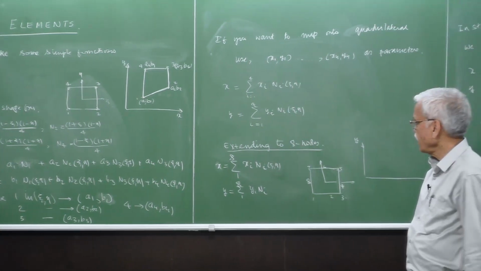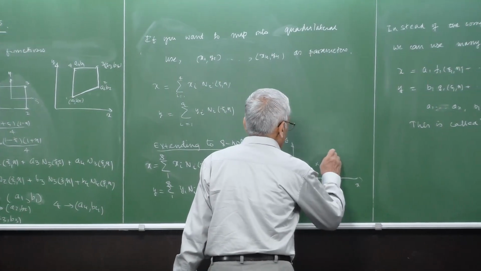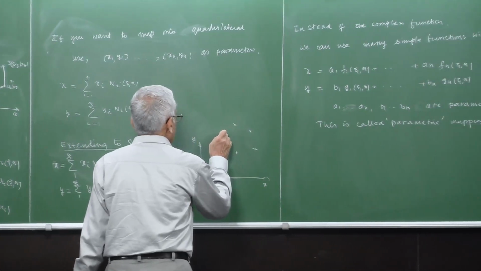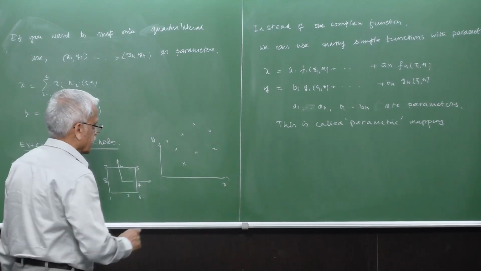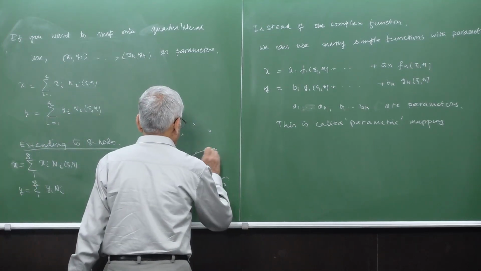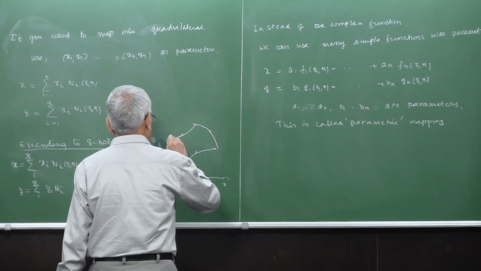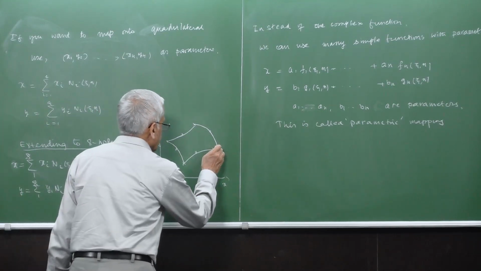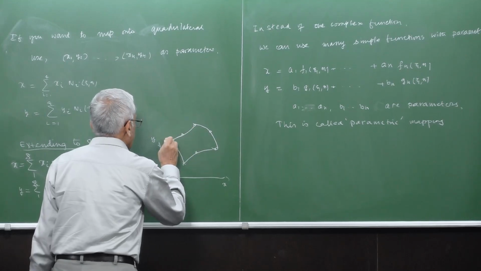Now if you have 8 nodes, so you can very well see that it will go to 8. So these 8, it will go like this one. Interestingly, this is how the 8 nodes will be mapped.